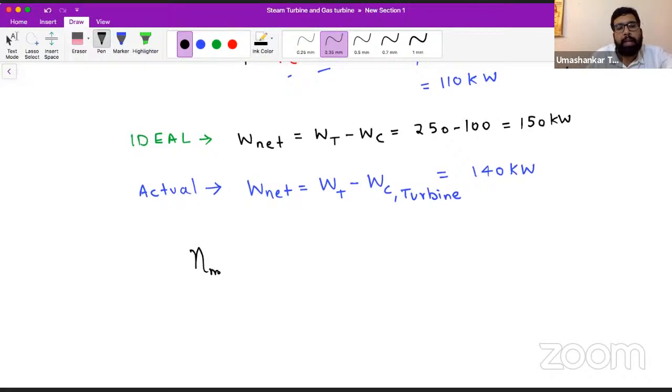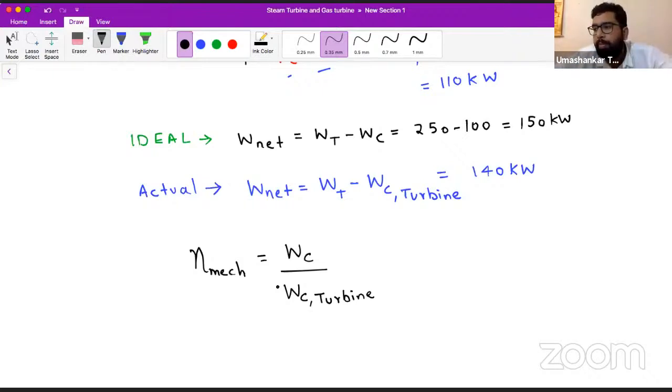So what is this mechanical efficiency? It relates WC, what is required by the compressor, and what you are sending from the turbine, so that the requirement of the compressor will be fulfilled.